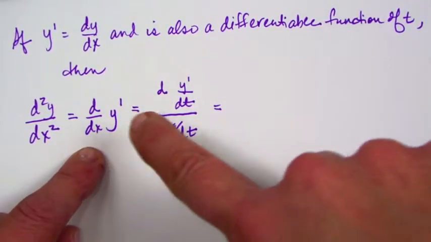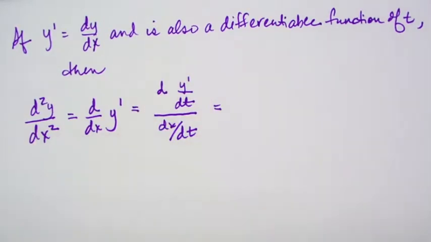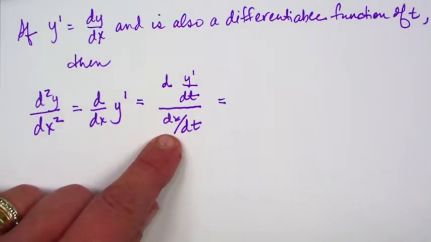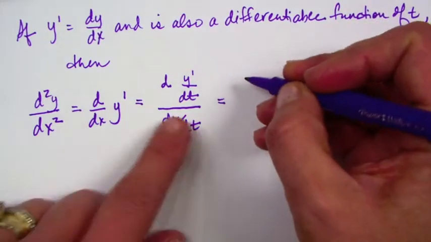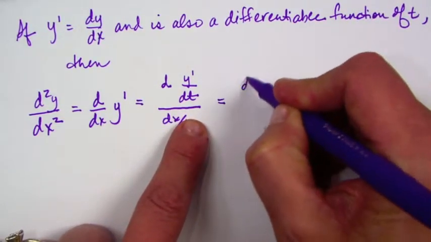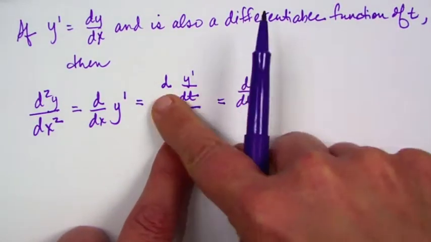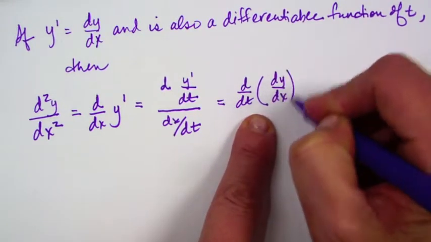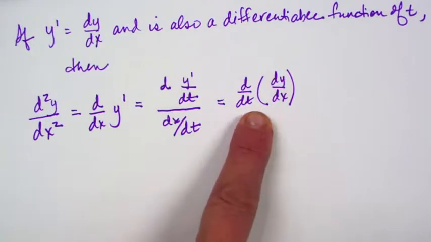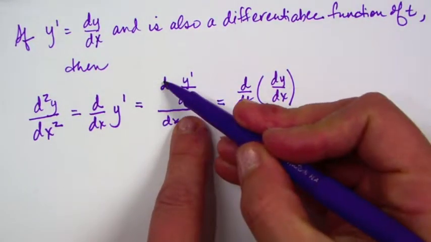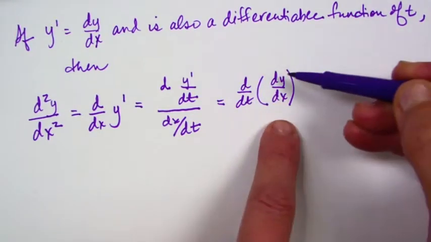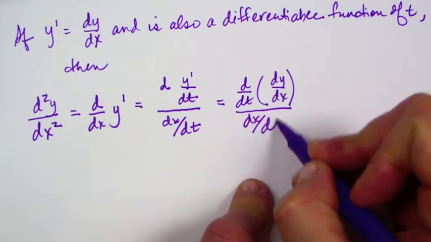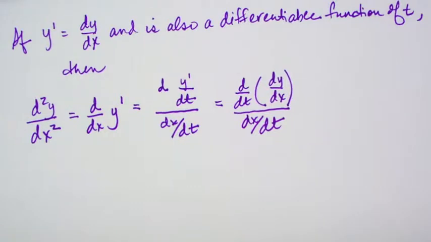But it is with respect to x, so to get this dx, I have to divide by dx/dt. So what I'm going to end up with is d/dt of dy/dx, all over dx/dt. I promise this is going to make more sense when we do an actual problem.